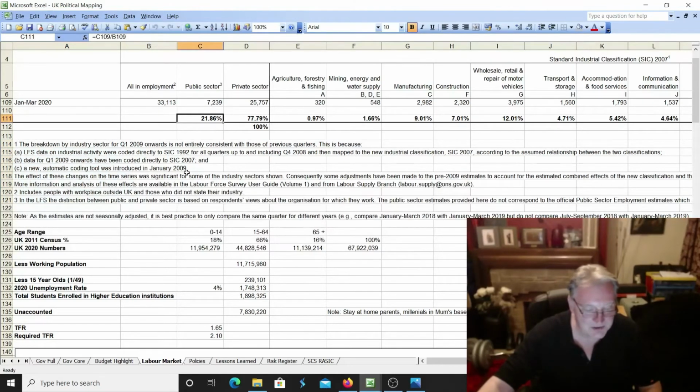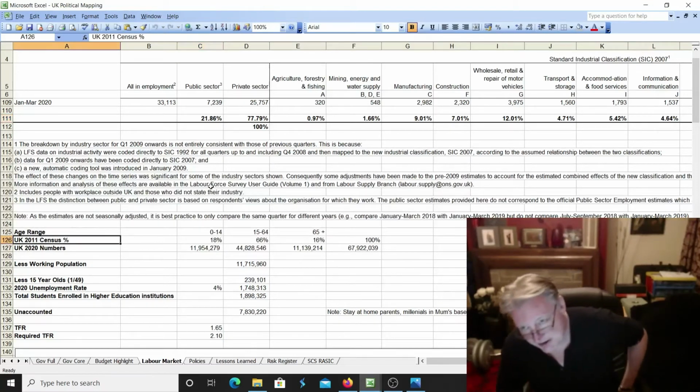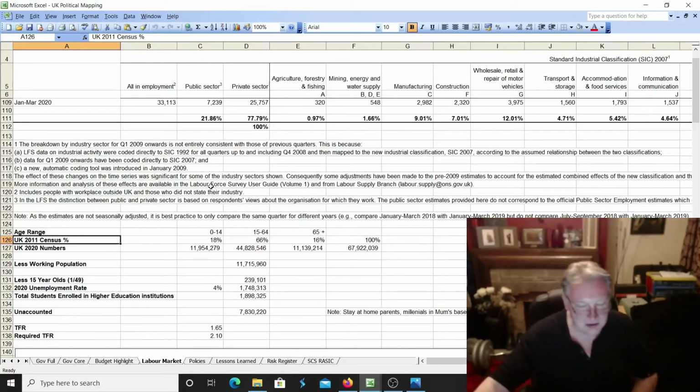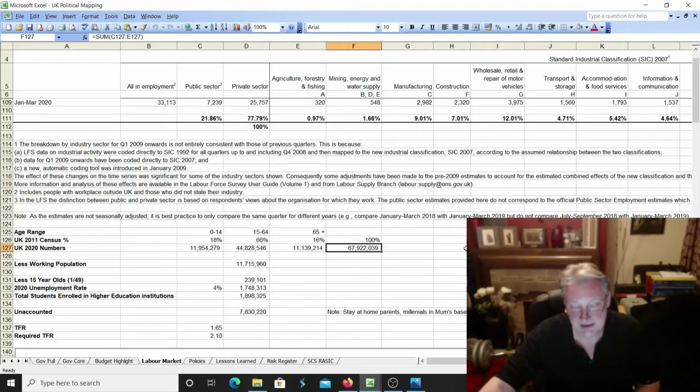But what I wanted to do with this is take a look at the numbers that we have in terms of what that represents in terms of numbers of people. So as much as the last census was done in 2011, it's still not unreasonable to assume these age groups and the percentage can be applied to the current population, which is this figure here, the 67,922,000 and so on.